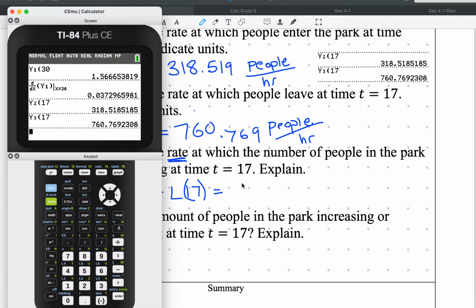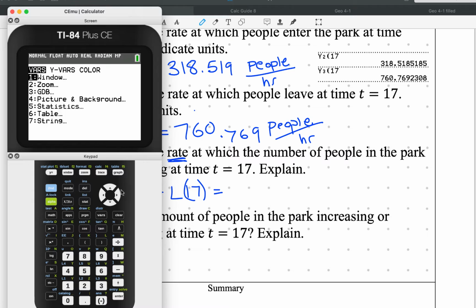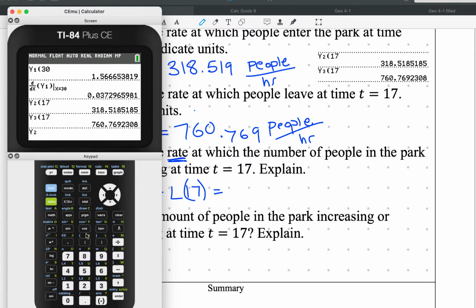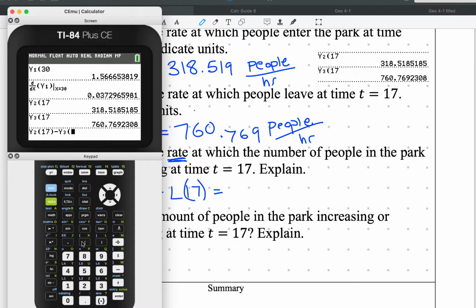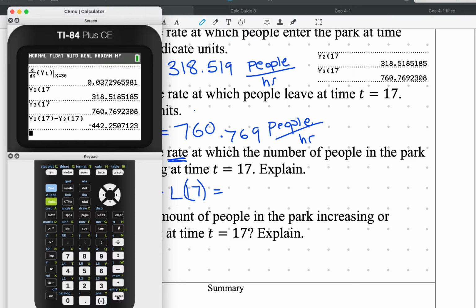So in this case, I can come back here, and I'll probably just type it all in again. I'll do vars right, enter 2 of 17 minus vars right, enter 3 of 17. And I do indeed get a negative answer like I was supposed to.